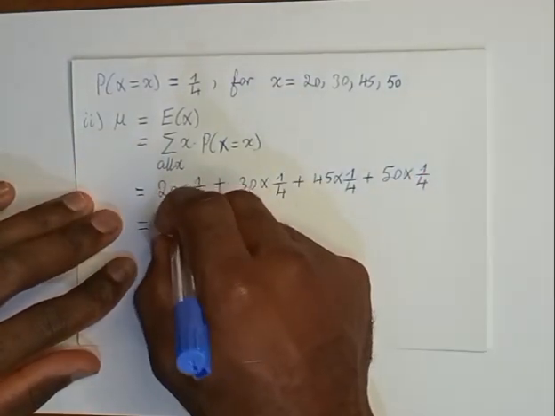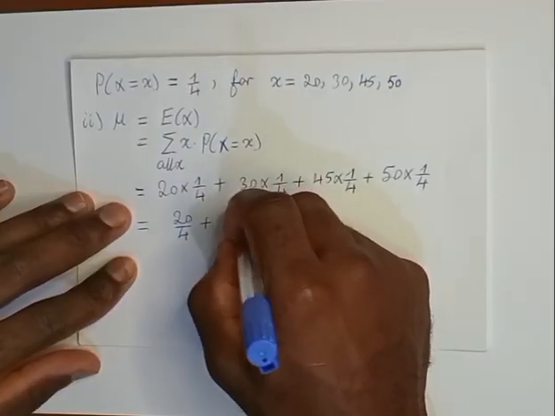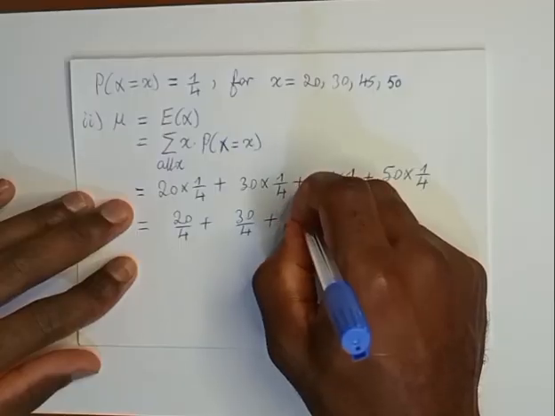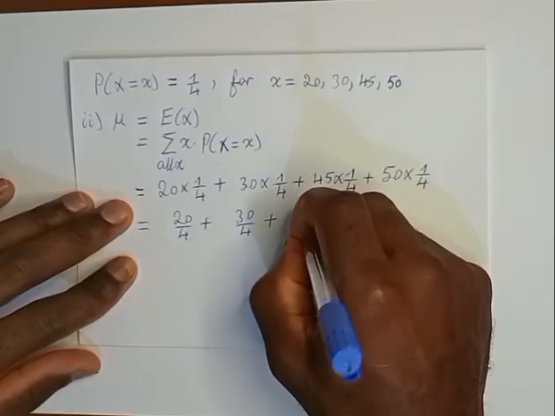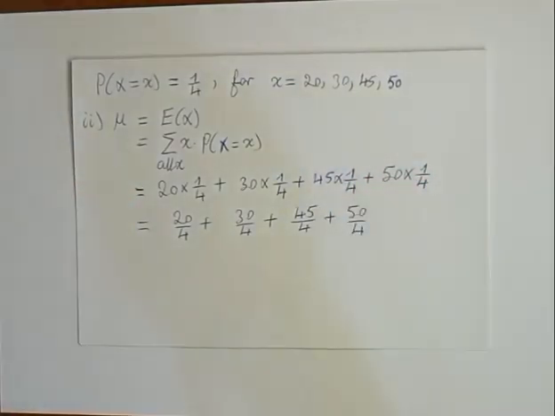This will give us 20 on 4 plus 30 on 4 plus 45 on 4 plus 50 on 4. You will see that they all have a common denominator, which is 4.